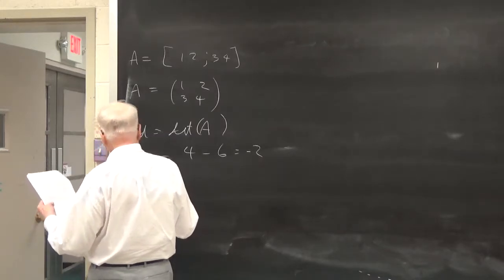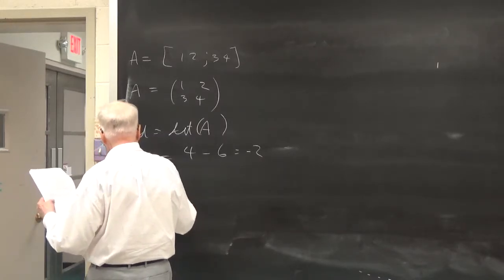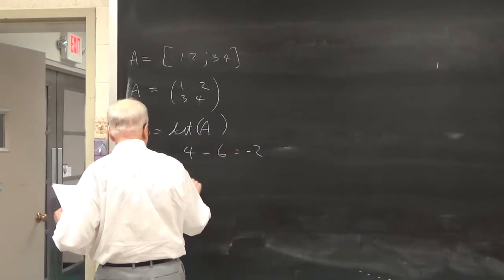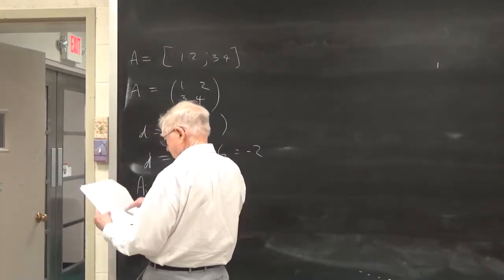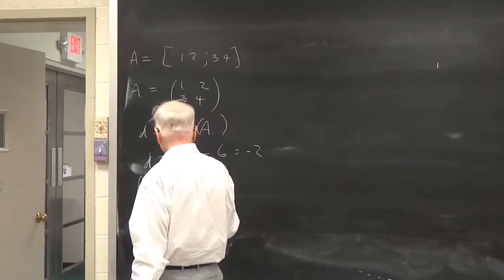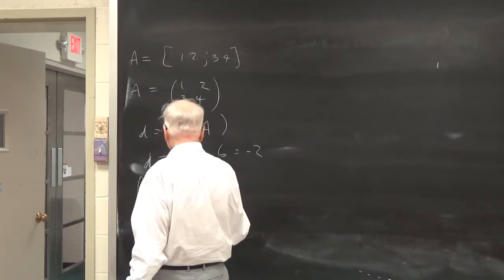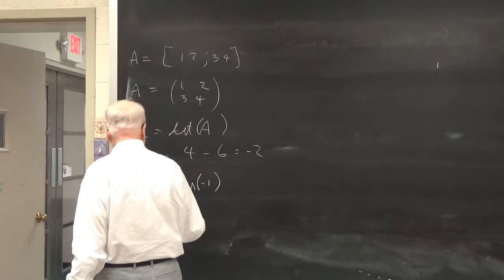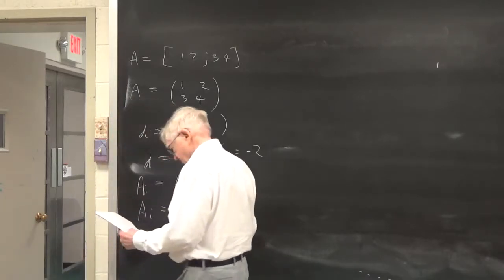You might say A I equals A, and I wrote it this way, but actually what you would type in is A hat minus 1, and it would give you A inverse equals whatever. It would compute it for you.